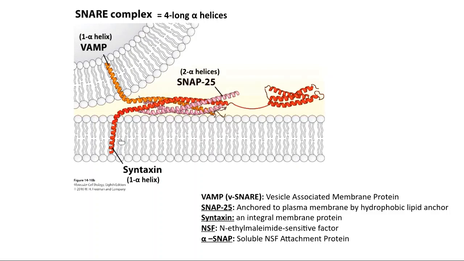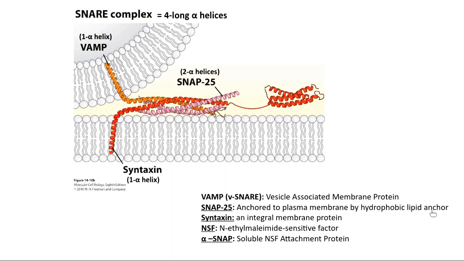This is the vesicle membrane. This is the target membrane, and there are two T snares called SNAP25s, two alpha helices. These SNAP25s are anchored to the plasma membrane by a hydrophobic lipid anchor.